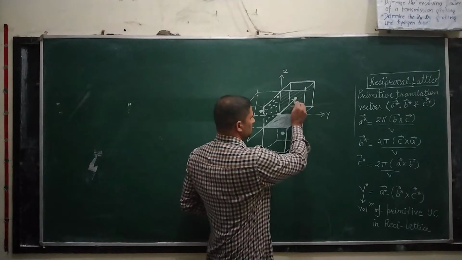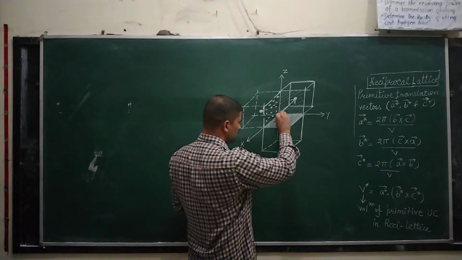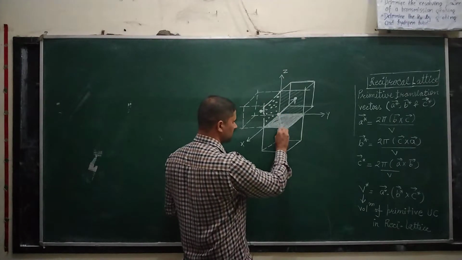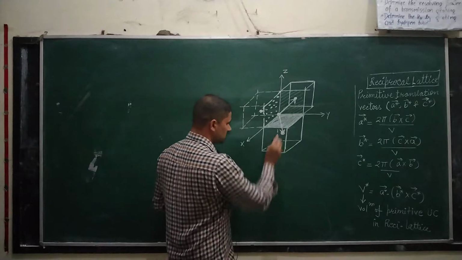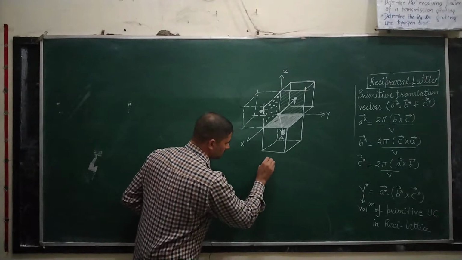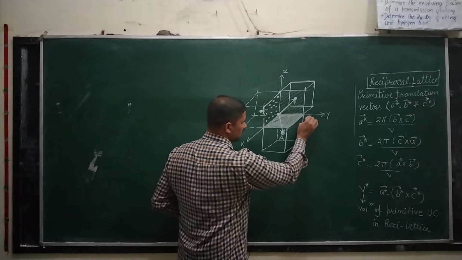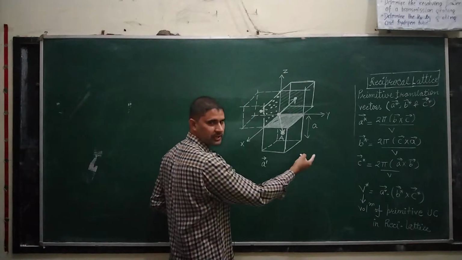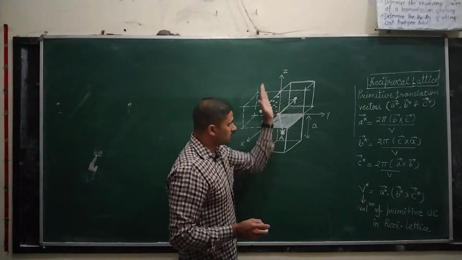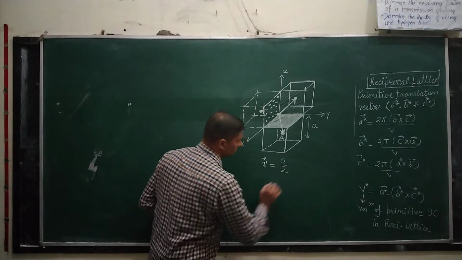So the vector for this will be, firstly, write for the one in the XY plane. Let this point be A dash, and the size of the cube, I am taking it to be a. This is a cube, so the size of the cube in all directions is a, so this will be a by 2.